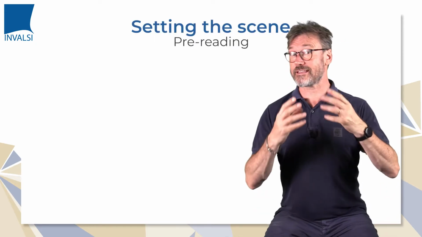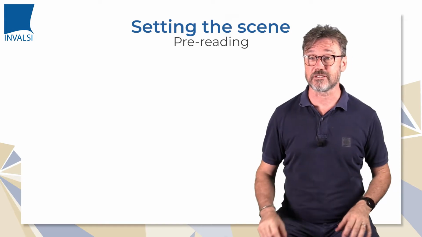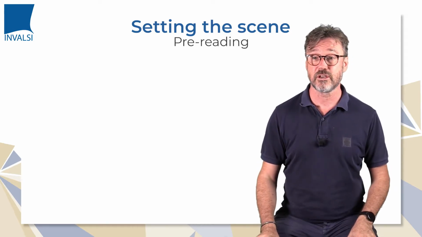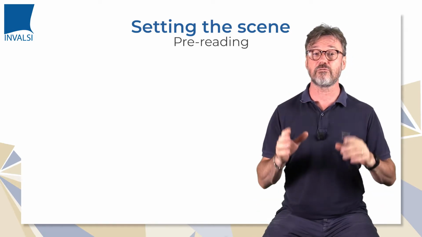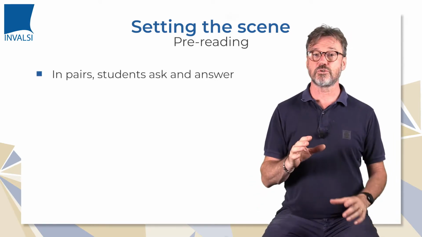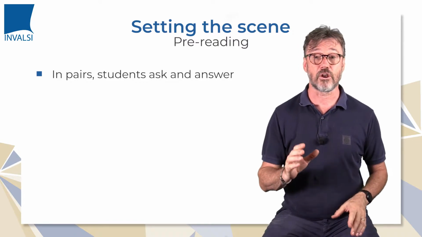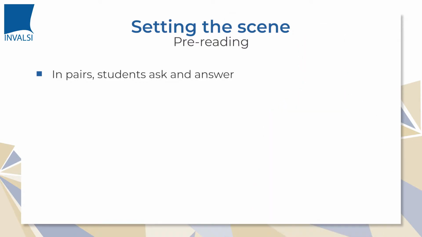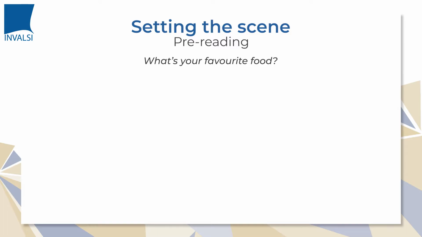In order to activate the students' expectations about the topic of the reading passage, we're going to set up a pre-reading speaking activity. In pairs, students ask and answer the following questions. What's your favorite food? What's your favorite meal of the day?